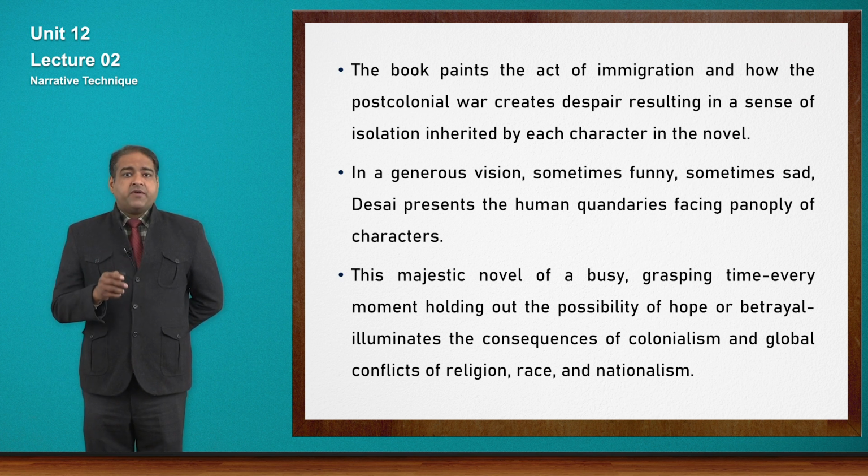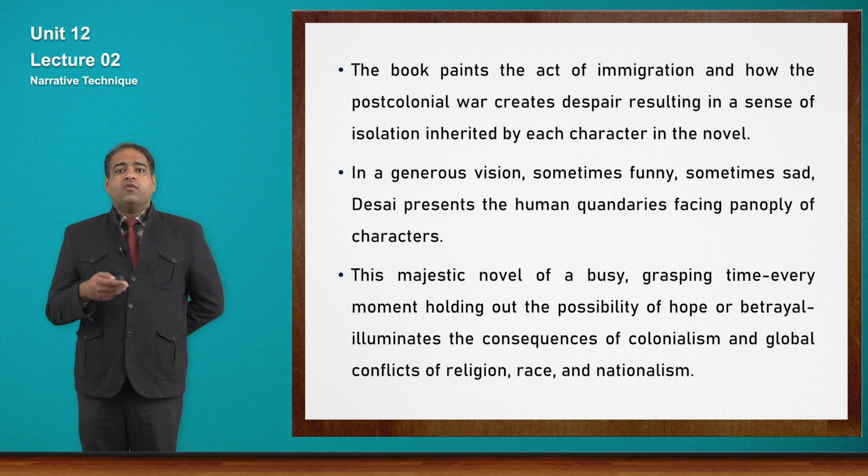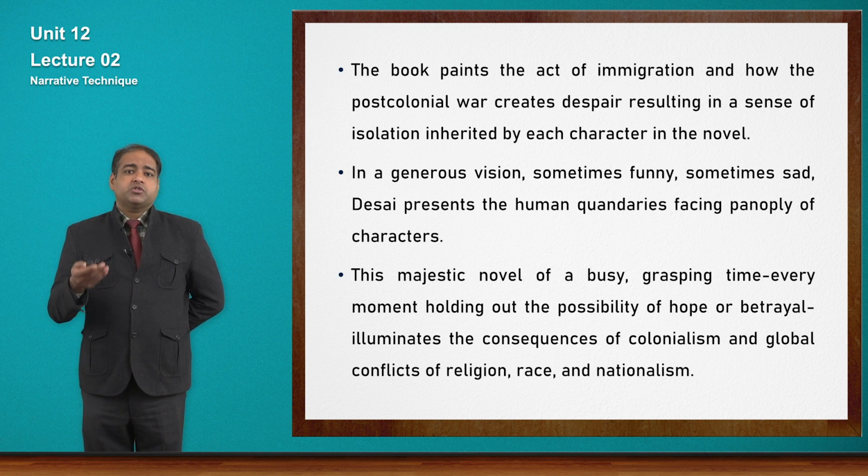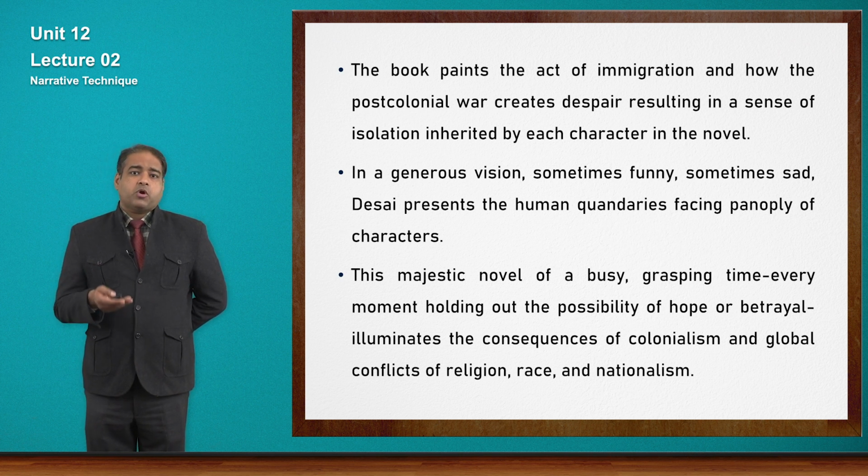Every moment is captured in the possibilities of what can be the consequences of colonialism or global conflict. What are the problems of religion? What are the problems of race? What are the problems of nationalism? All these things are discussed in detail with the help of various characters in the story.